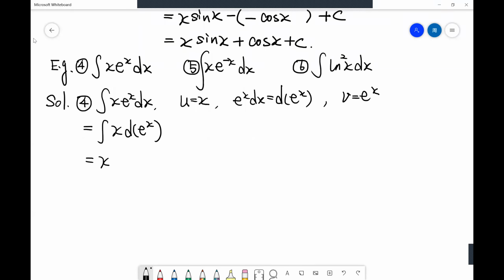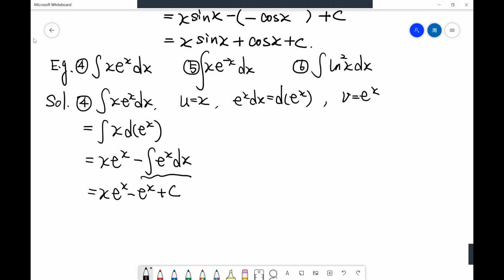Then we use the formula u times v, that means x times e^x. And then minus, we exchange the places of x and e^x, so that is the integral of e^x dx. The indefinite integral of e^x dx equals e^x plus c, right? So we have the final result: x e^x minus e^x plus c.